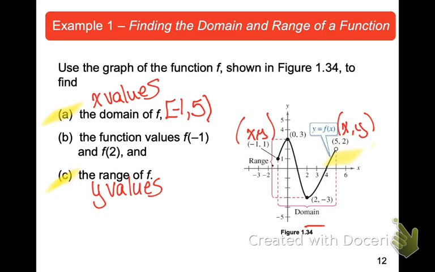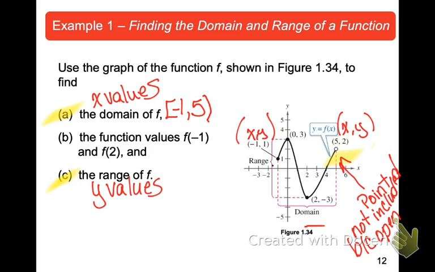And how do I know it's not included? Because it's open. So I'm going to put point not included because open.